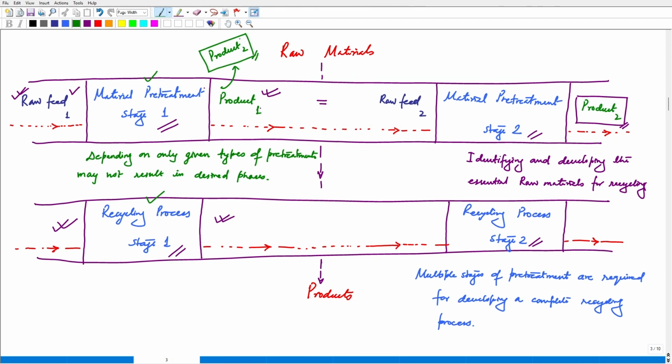It's a possibility that product 2 can also be used in some different applications. So one has to devise a different recycling route for product 2 as well, which can be produced right here at pre-treatment stage 1, and this is possible with every step, pre-treatment stage 2 or recycling stage 1 or recycling stage 2 or any other subsequent process. We'll continue in the next lecture. Thank you.